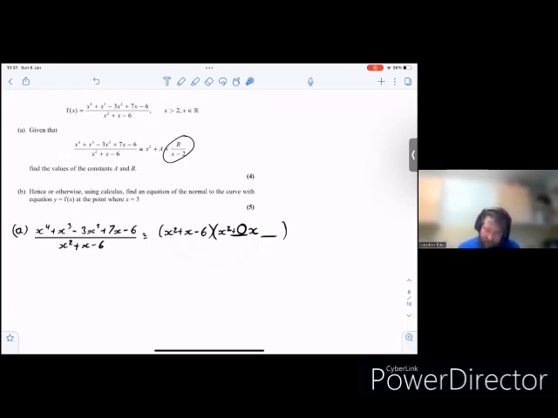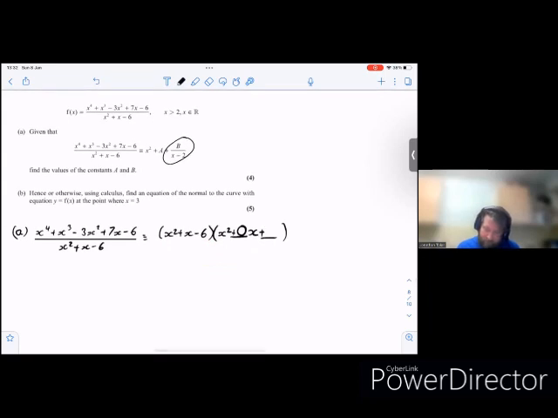And where do we have an x squared? Well, we get an x squared when we do x times this, so that doesn't give us anything. We also get an x squared term here, so we get minus 6x squared plus whatever this is, and we want that to be minus 3x squared. So minus 6x squared plus 3x squared is what we need. So that needs to be plus 3.